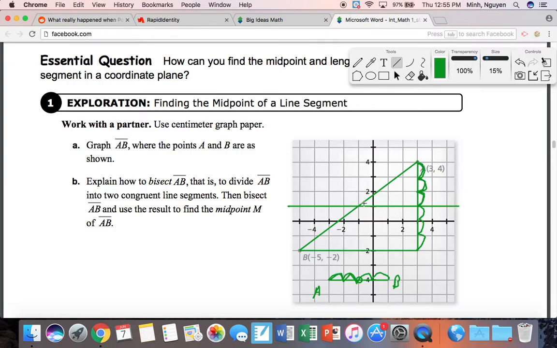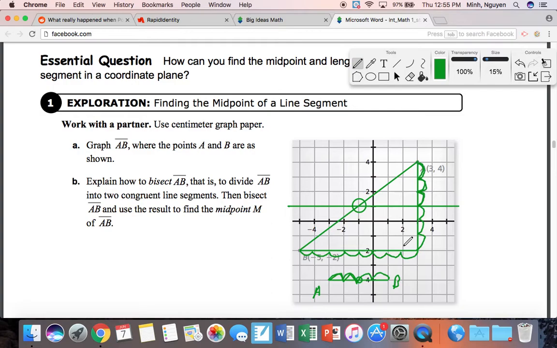Essentially you could say, oh, it's right there. Otherwise, you could also go 1, 2, 3, 4, 5, 6, 7, 8 horizontally, and ask how many is halfway through. Midpoint means middle, right?